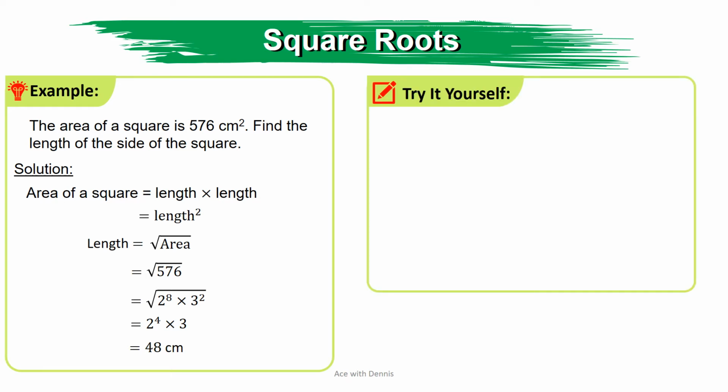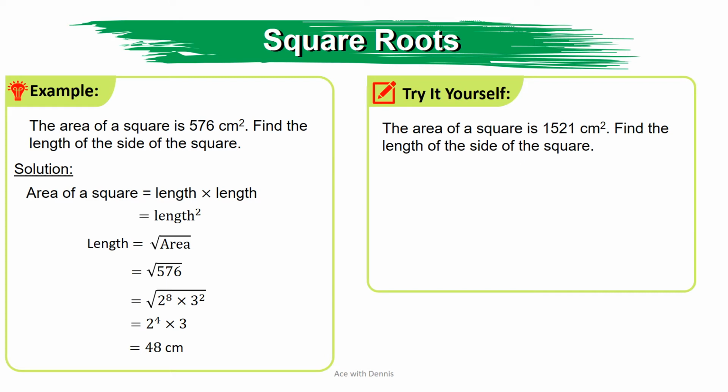Now you can try this example yourself. The area of a square is 1521 centimeters square. Find the length of the side of the square. You can pause the video and try to solve it yourself. So the length equals square root of area.